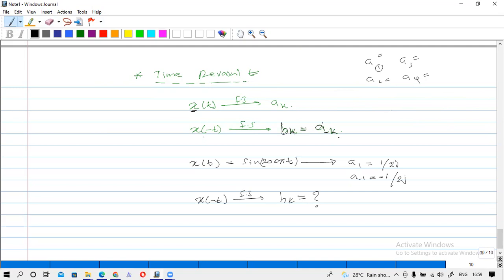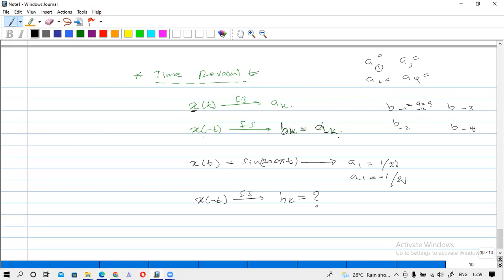So we will have b_-1, b_-2, b_-3, b_-4. What is b_-1? b_-1 is equal to a_-k, where k is equal to minus 1.